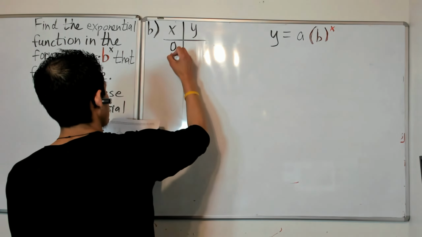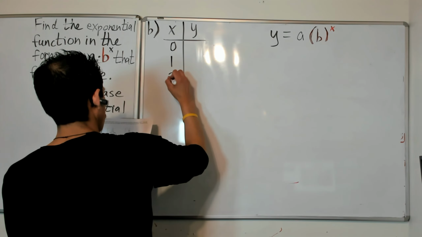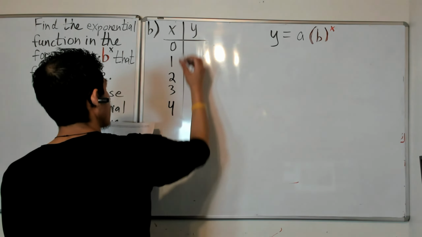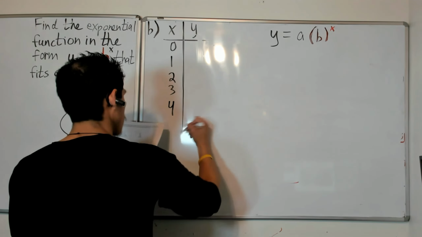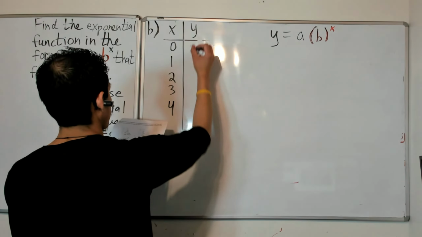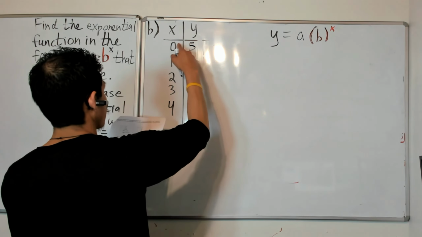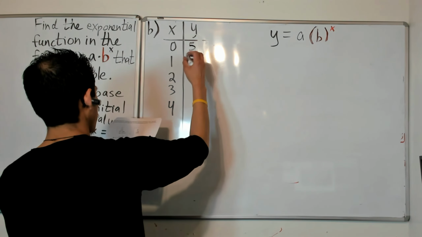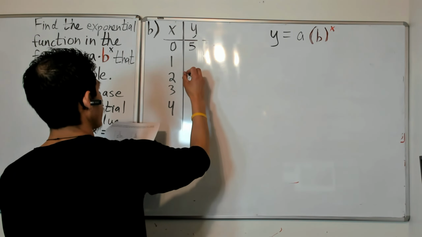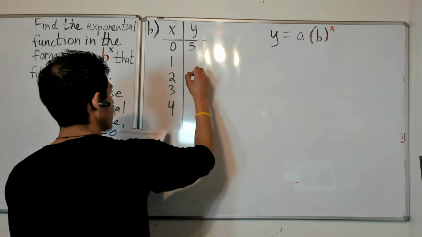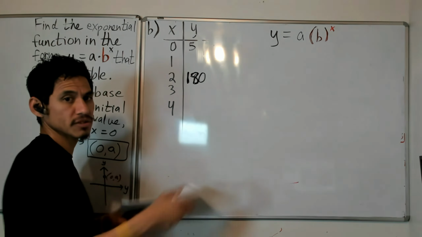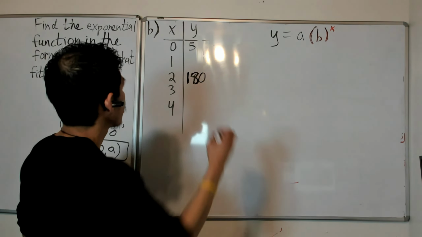We're given the y value when x is 0, and we're given the y value when x is 2. So we're just given this information.